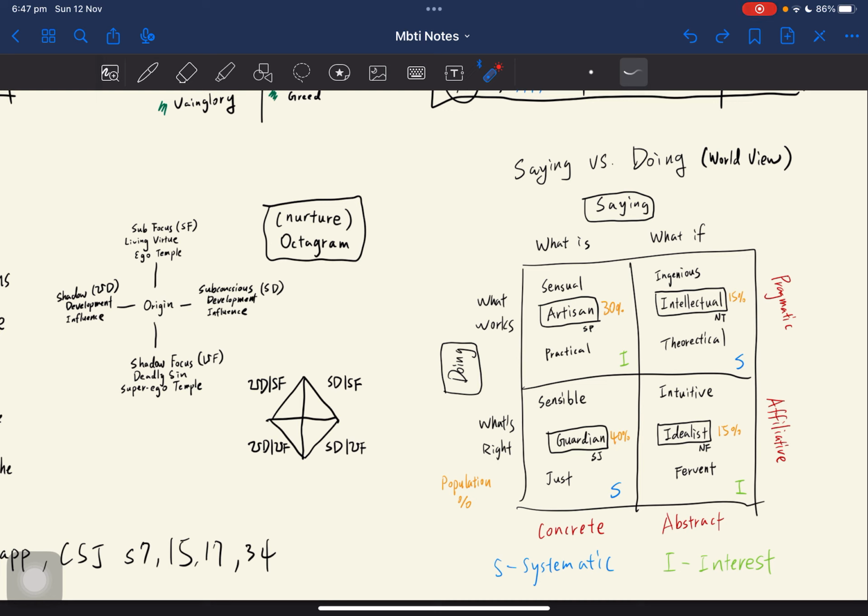And systematic versus interest. This one is a bit harder to identify, but systematic is where they are always thinking in terms of systems. What are the systems? The cultures, the rules of society, the rules of engagement, the protocols, the social expectations.